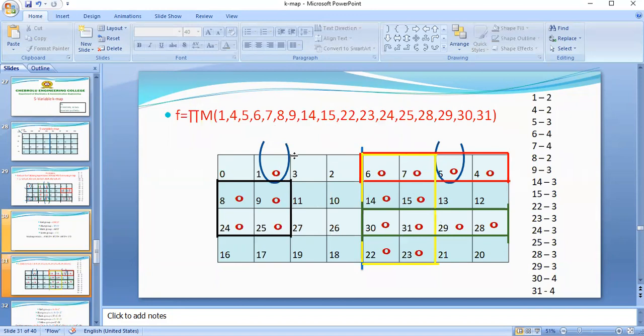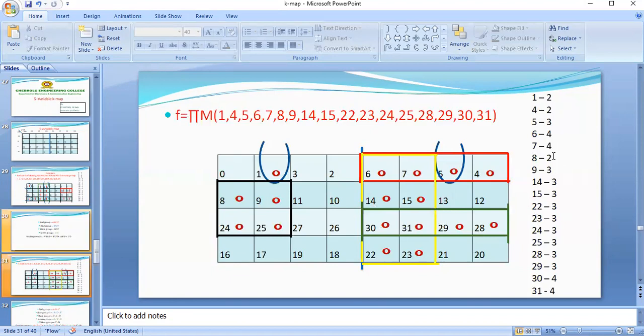After placing each maxterm, you have to write the number of adjacencies for each maxterm in a similar way, as we already discussed in the previous problem. After that, we have to consider the term that has the least number of adjacencies.